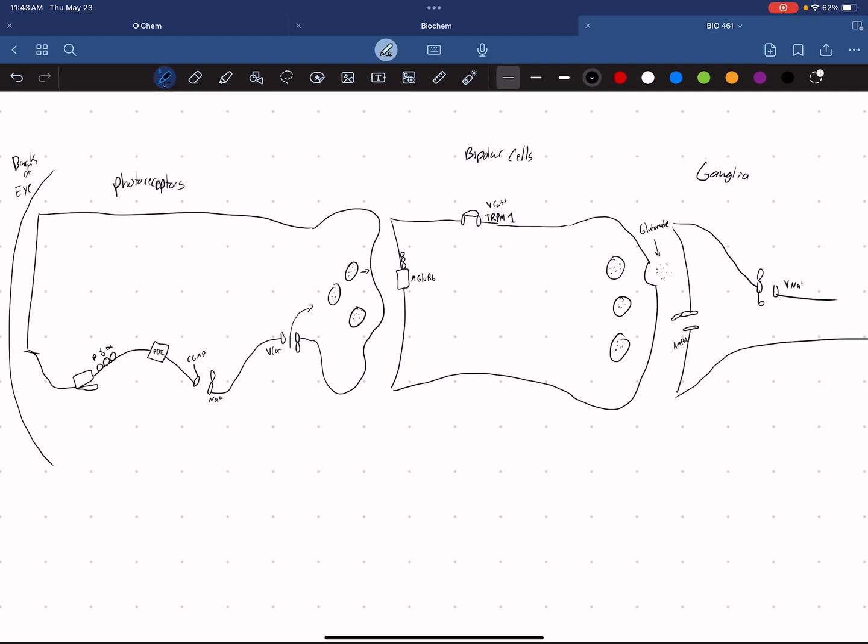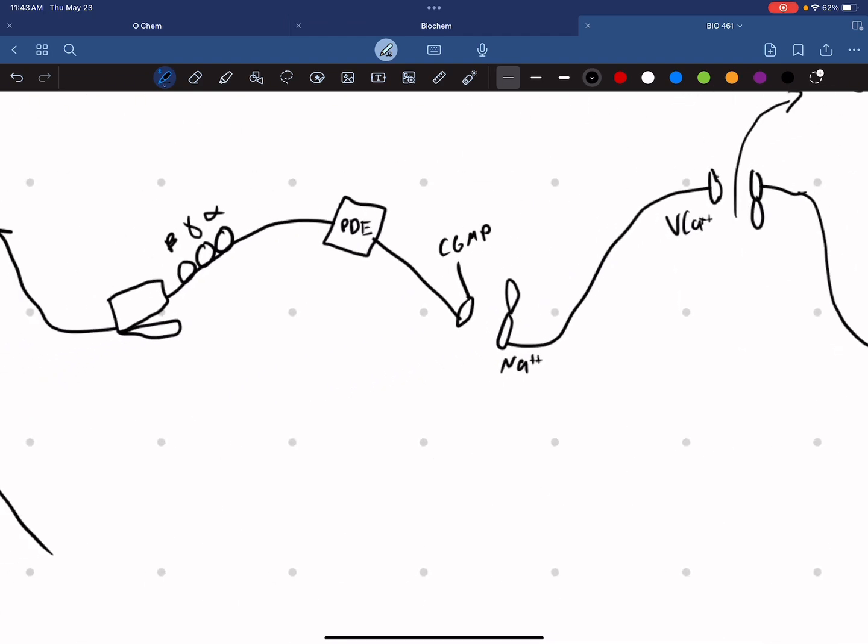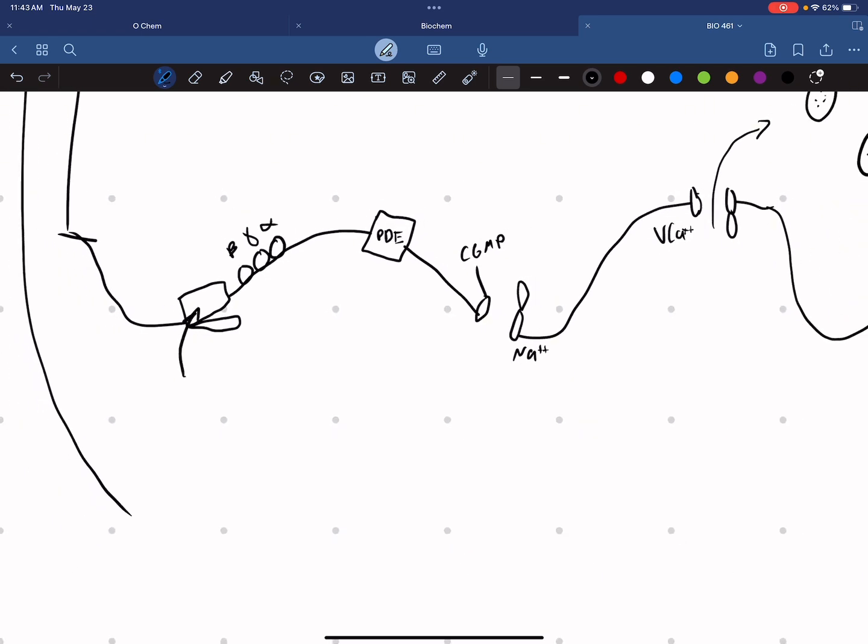So what I'm going to do is draw things in this orange color to show what happens when light hits these photoreceptors. So here, first we'll start with this G protein. Attached to this G protein is a compound that looks a little bit like this.